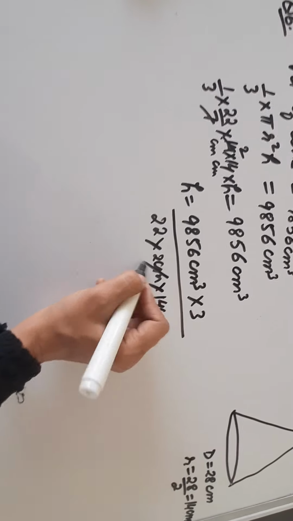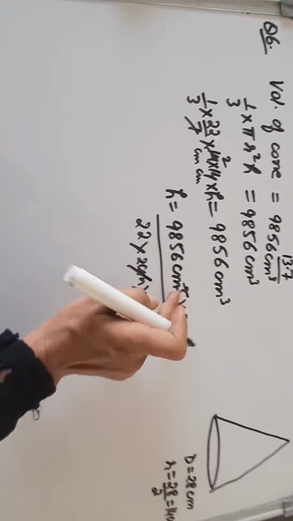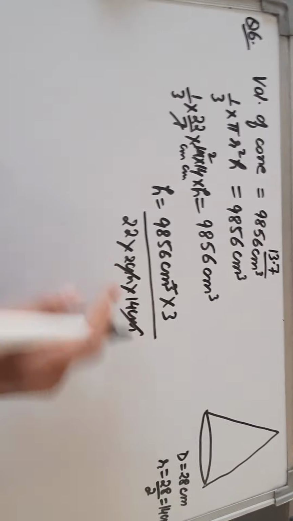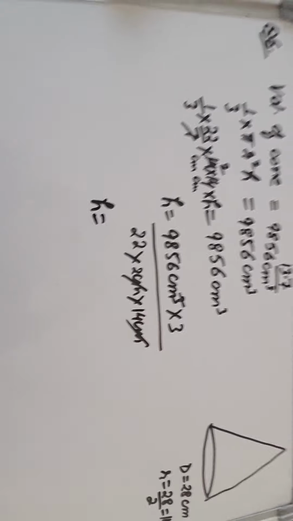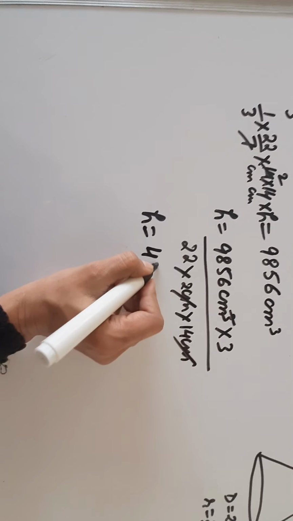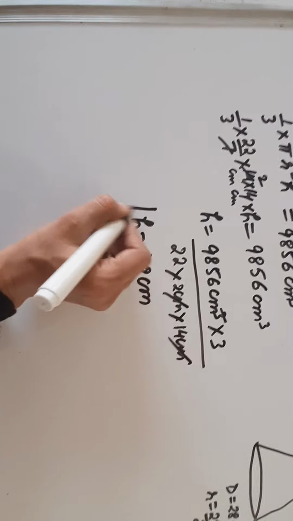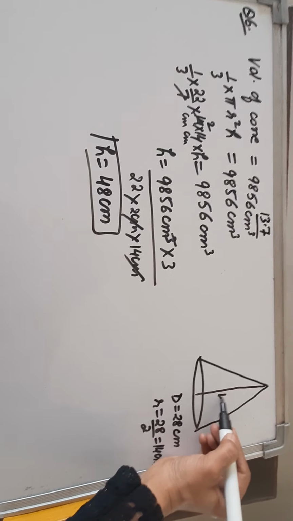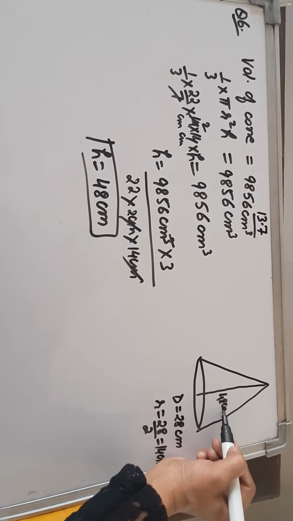Now 3 minus 2, 1 centimeter is left. Let us solve it and we'll get the height as 48 centimeter. So this is the height of this cone, 48 centimeter. This is the first part, from which we got the height.